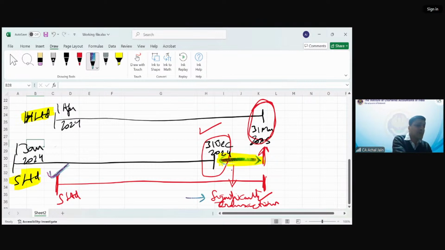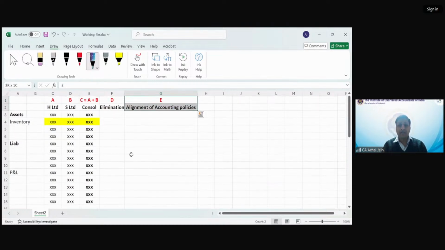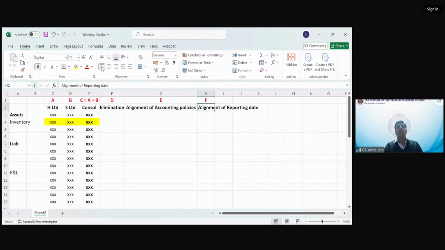So we can say that in the consolidated version, another type of adjustment which you may have could be in respect of alignment of reporting date. Correct? Okay.